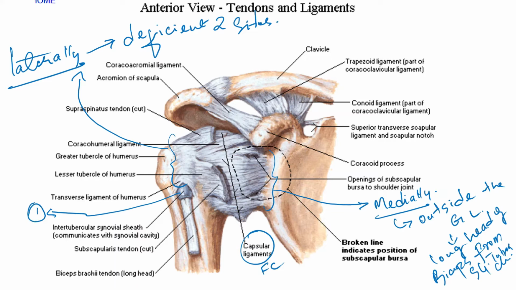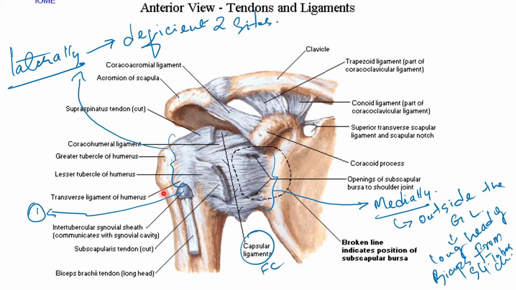As we can see, the first deficit point of the fibrous capsule is over the upper end of the intertubercular sulcus, as this part allows the passage of the long head of the biceps muscle through the bicipital groove. So this is the first deficient site.